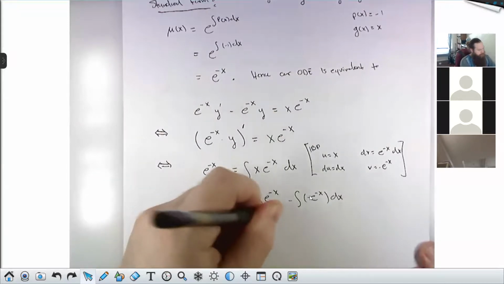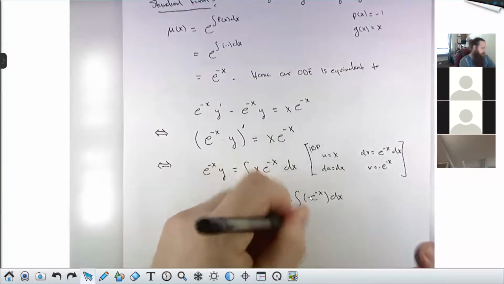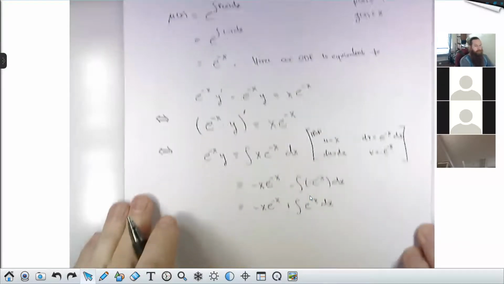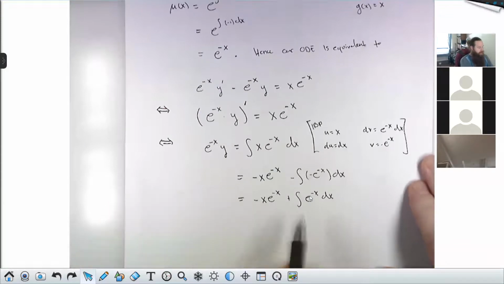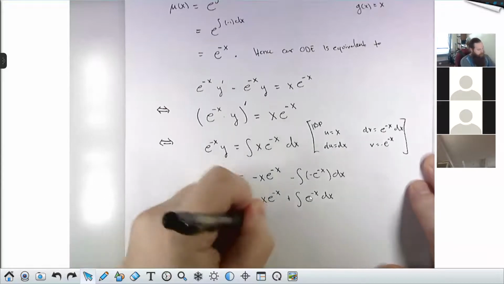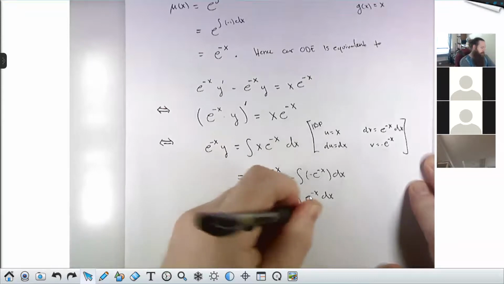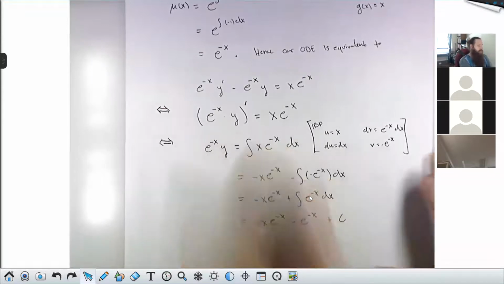It's negative x e to the negative x plus integral e to the negative x dx. Just simplifying the minus signs. And then doing this integral, you get a third negative sign. So this goes back to being a minus negative x e to the negative x minus e to the negative x plus a constant.